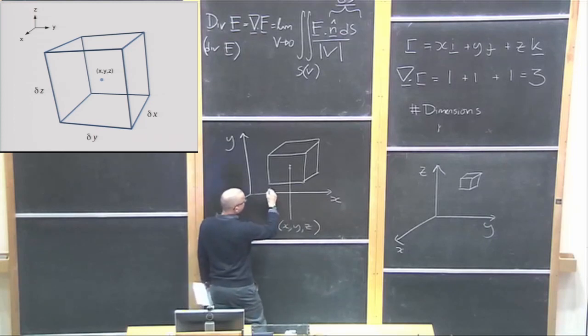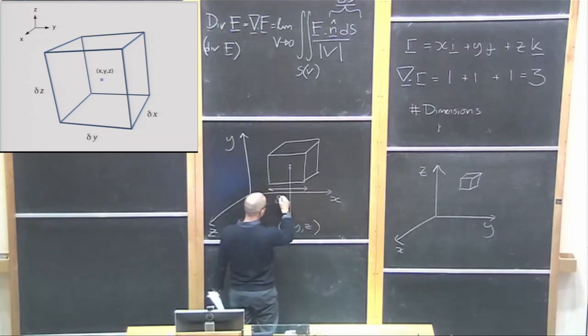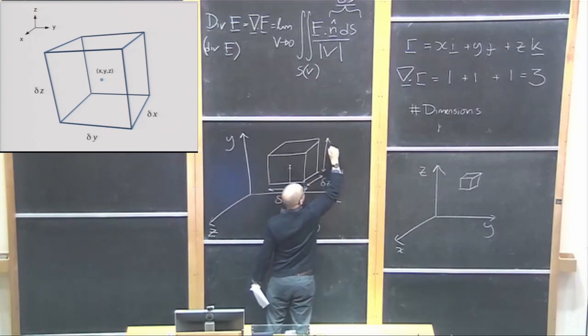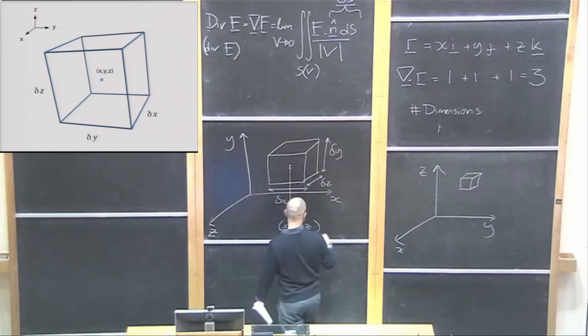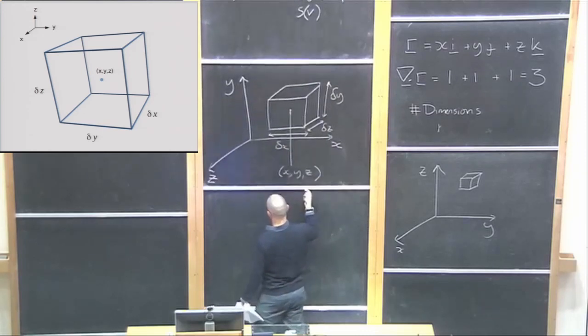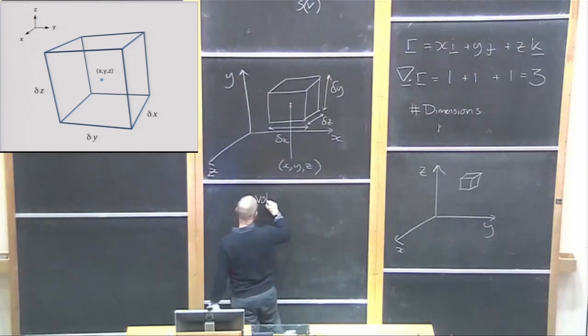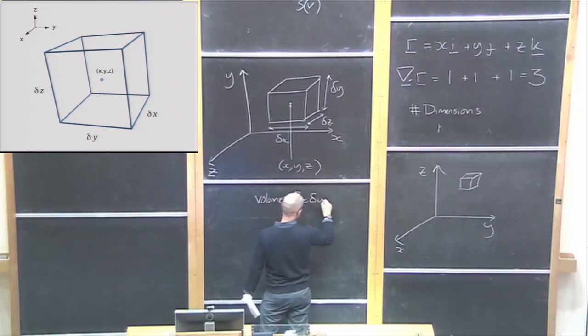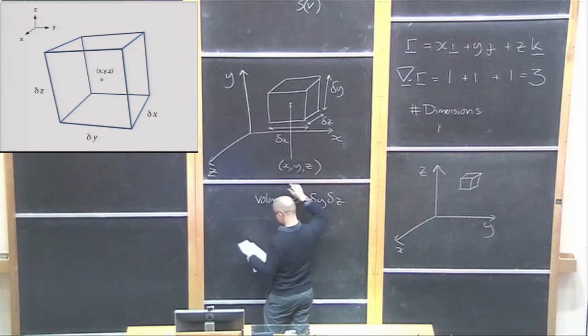The lengths of the sides of this cube are delta x, delta z, and delta y, which means that the volume of the cube equals delta x times delta y times delta z.